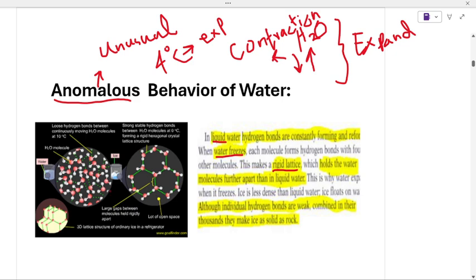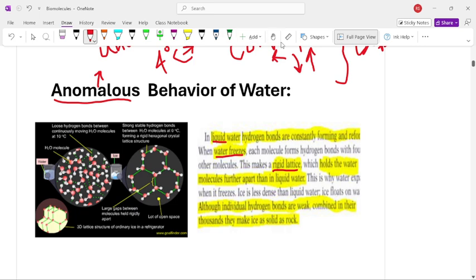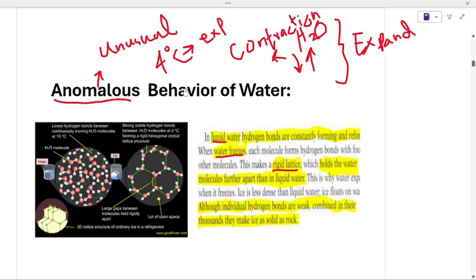As we can see in this diagram, when we decrease the temperature of water molecules, it shows expansion. Why? Because it performs a particular arrangement, called a hexagonal rigid lattice.